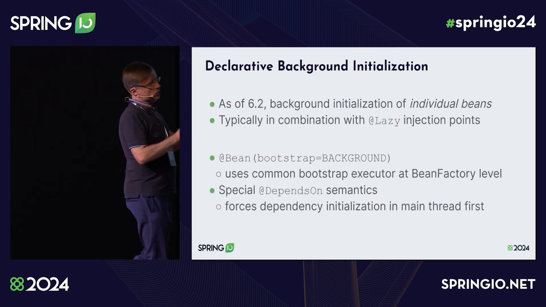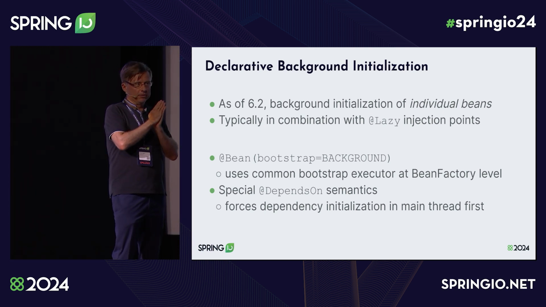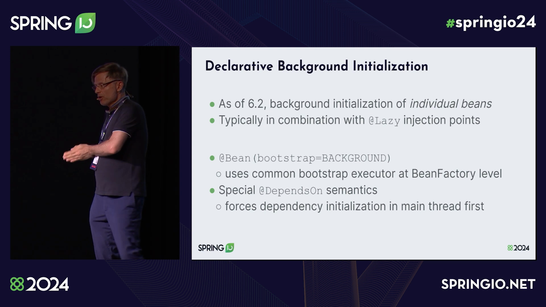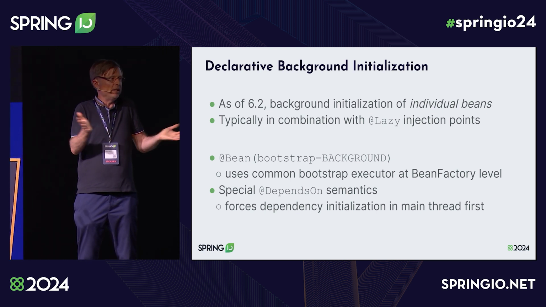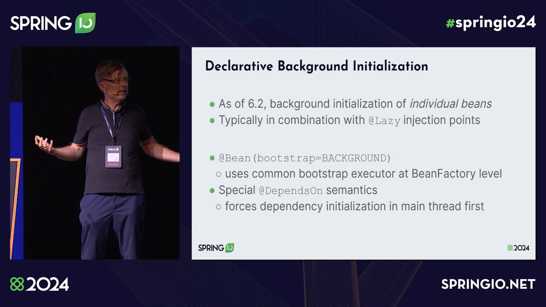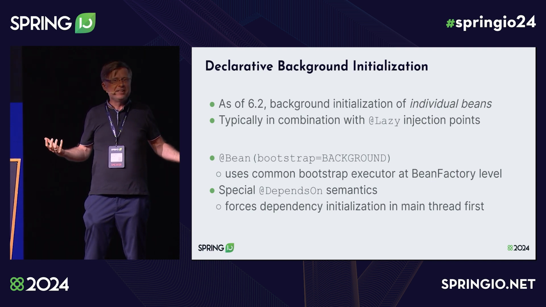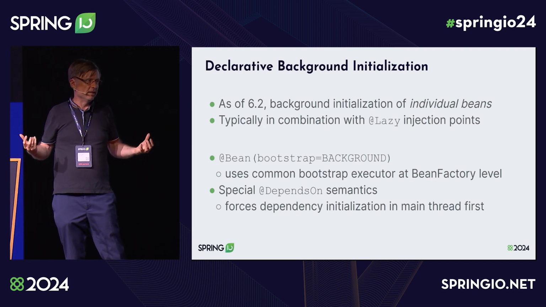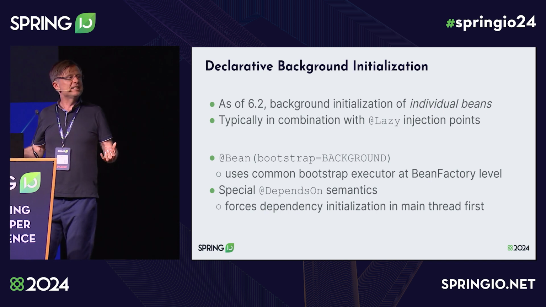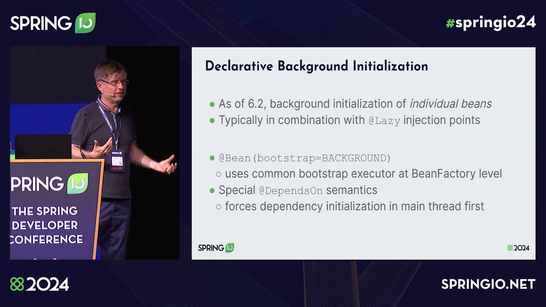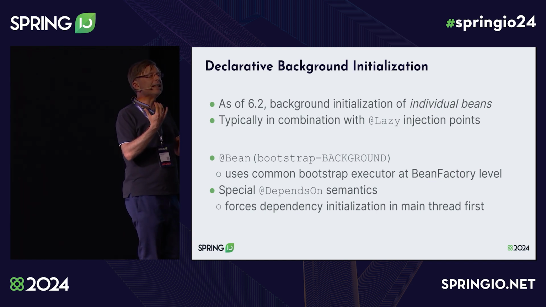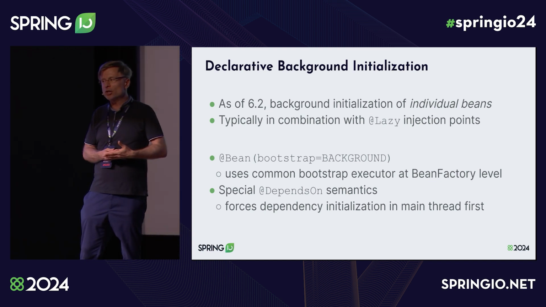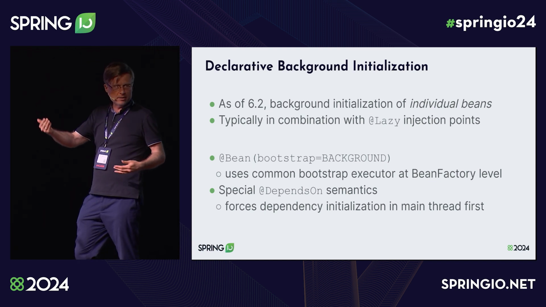If you want to bootstrap a particular bean in the background, and some other bean requests that bean right afterwards, we're basically going to block waiting for that bean to be fully initialized, and only then are we going to inject it. That won't buy you anything if the main bootstrap thread insists on that bean being available right afterwards. So this is meant to be used in combination with lazy injection points, where you inject proxies for the target bean type.